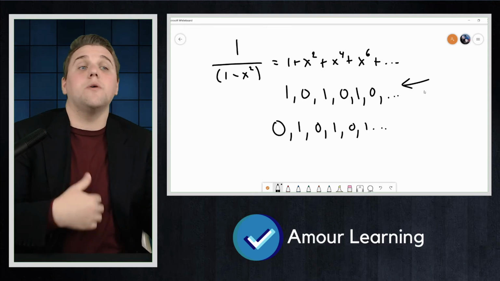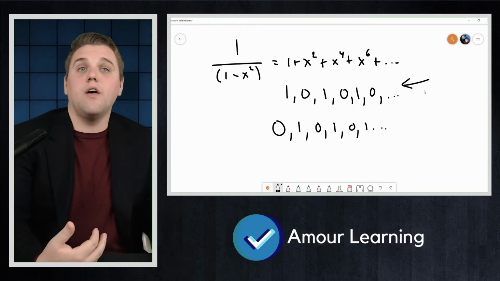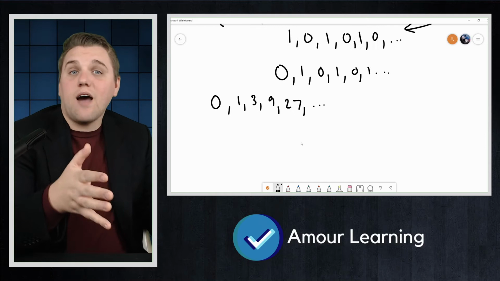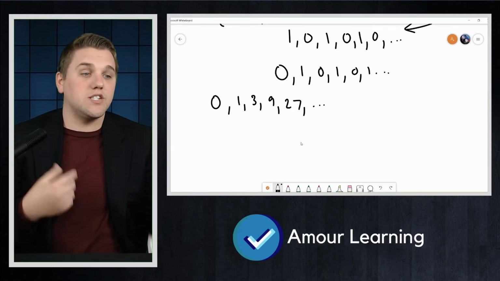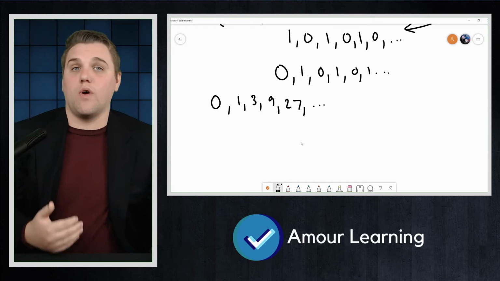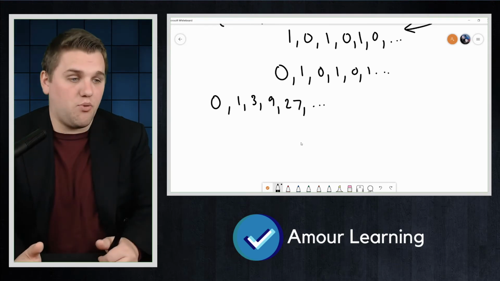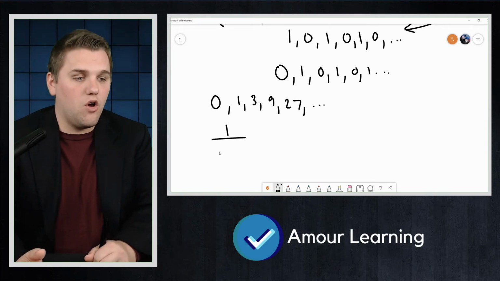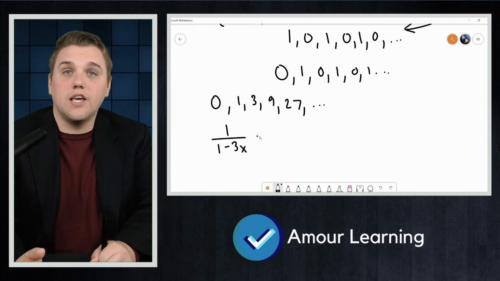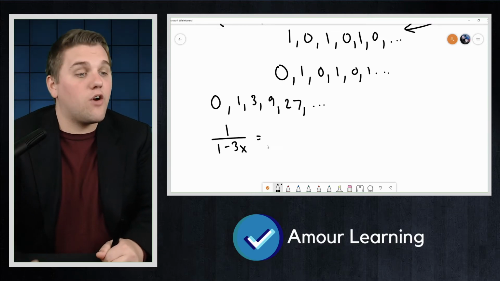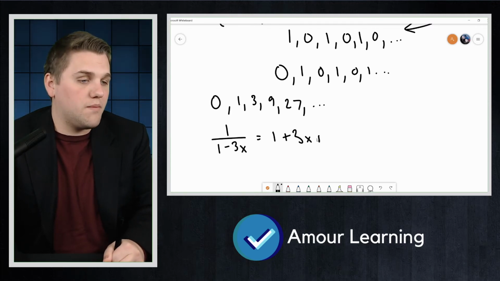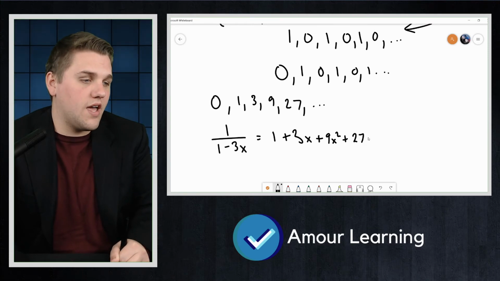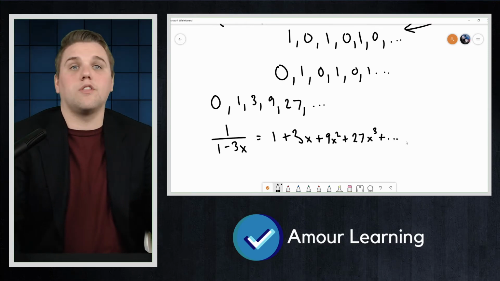Well, start with the previous sequence here, the one with the arrow, and shift it over by 1. To see how shifting works, let's first try to get the generating function for the sequence 0, 1, 3, 9, 27. We know at this point that 1 over 1 minus 3x has the generating series 1 plus 3x plus 9x squared plus 27x cubed and so forth.